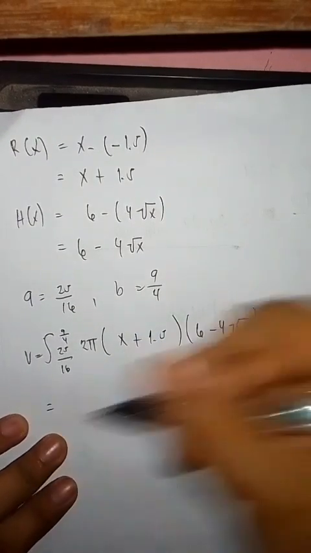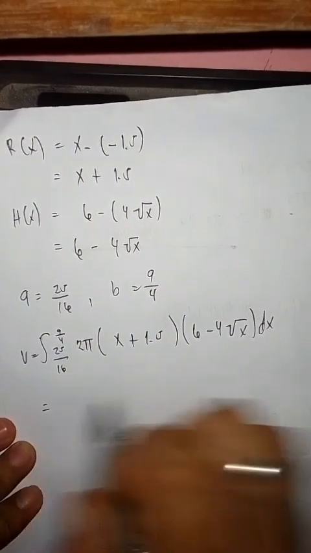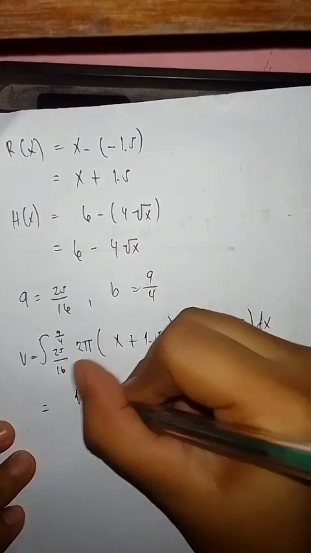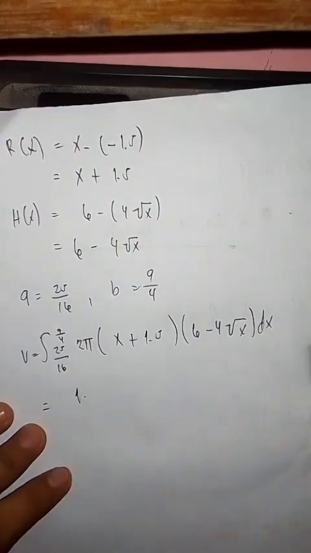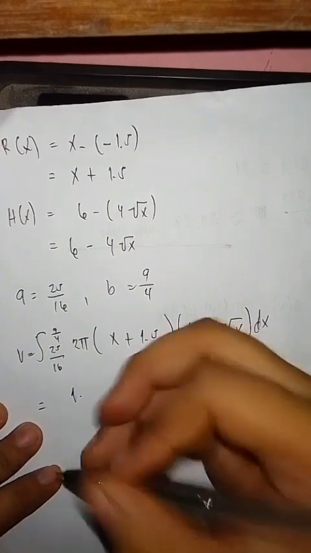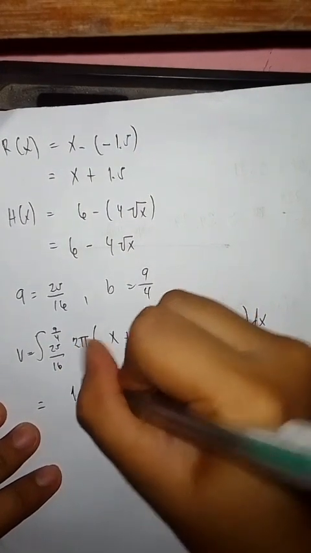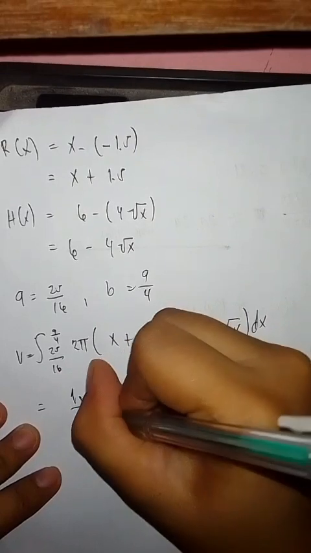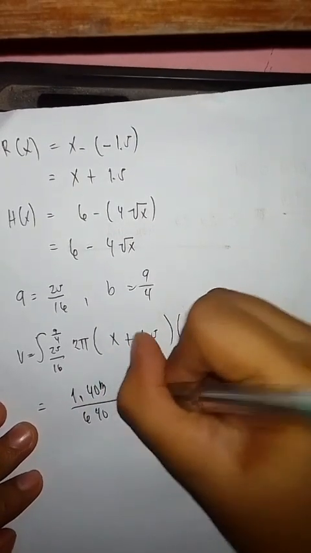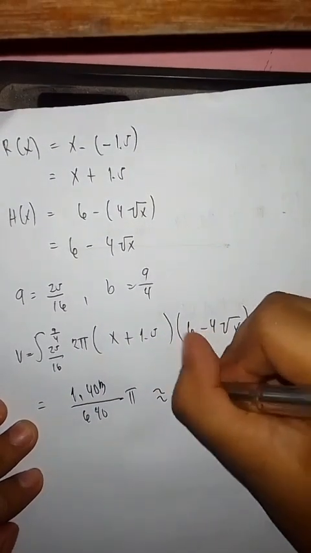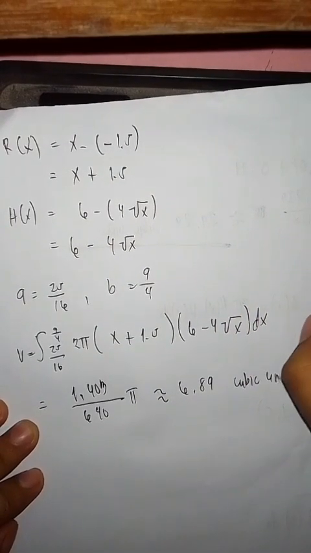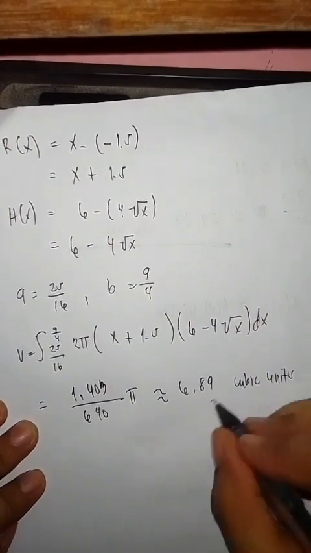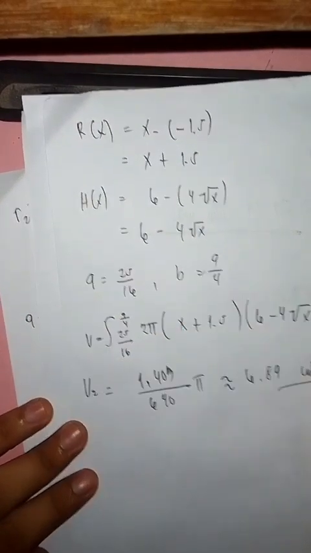Using the calculator, the result will be 1,403 over 640 pi, or approximately 6.89 cubic units. This is now our volume number 2.